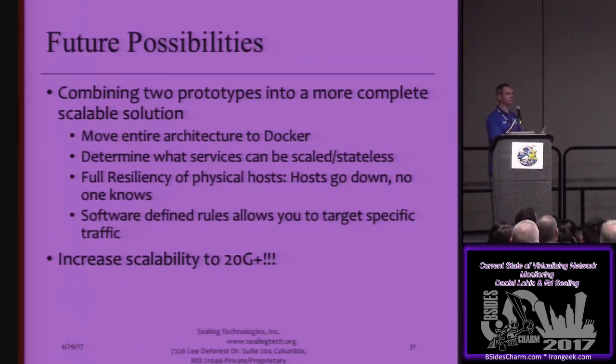Now that we see the performance benefits we get from Docker, we've got to look and see what services can be made stateless. Once you can make them stateless, you can basically click a button, spin up 20 of them at once, and they work right on the fly. Or you can start scaling out the hardware, have 20 individual boxes, spin up a circuit on every one, and tear it down, like vMotion-type stuff when you move VMs around. And then our real goal is to get this thing going 20 gigs a second.